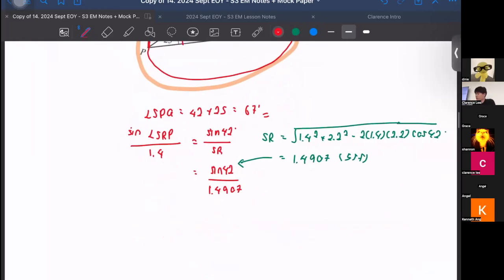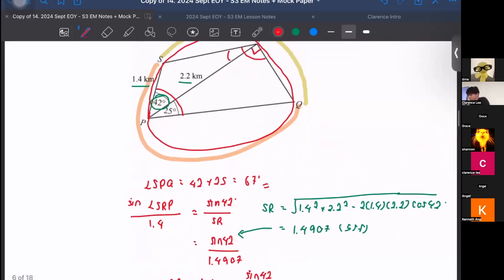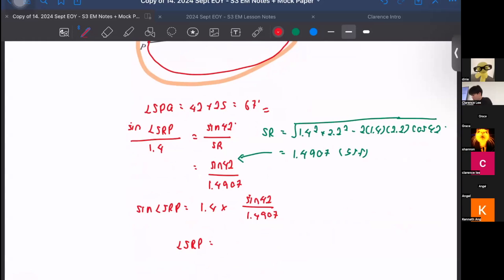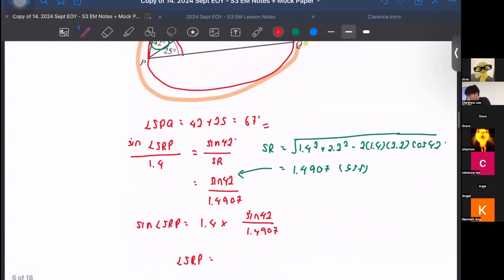From here, you can calculate that sine angle SRP is equal to 1.4 times sine 42 over 1.4907, which means angle SRP must be 38.934 degrees, to 3 decimal places.